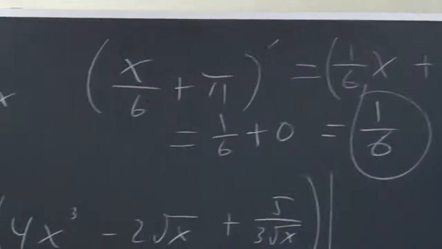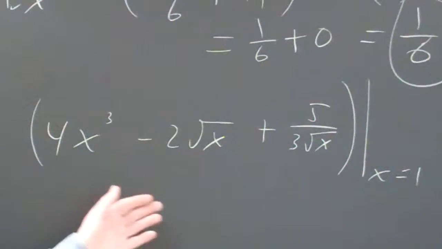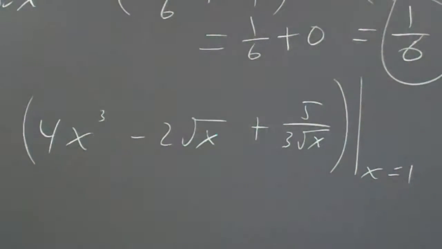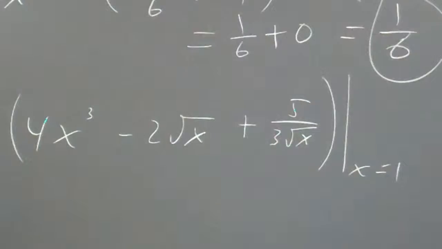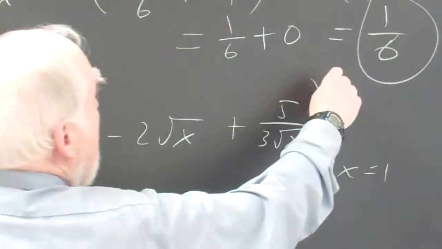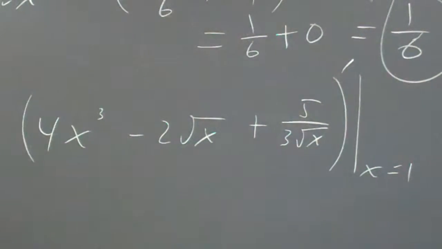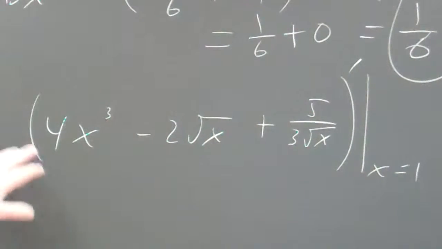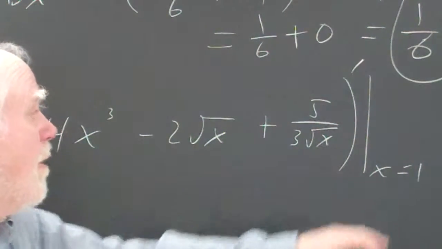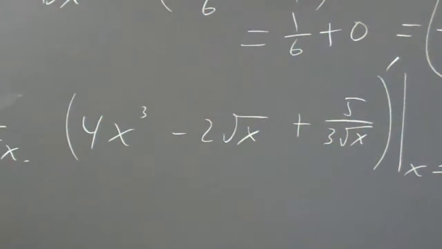Now here's a nice one, and it's got an evaluation symbol here. I have to evaluate it. The first thing I'm going to do, though, yes, I forgot my prime. I'm taking the derivative and I'm evaluating it at 1. The first thing I'm going to do is rewrite it.